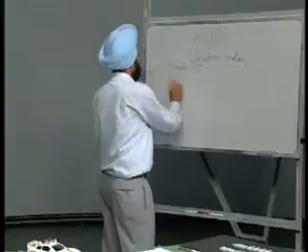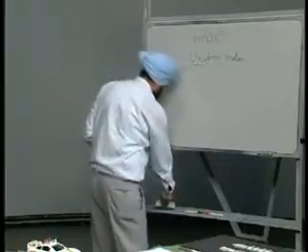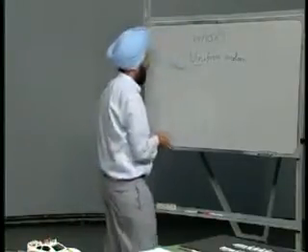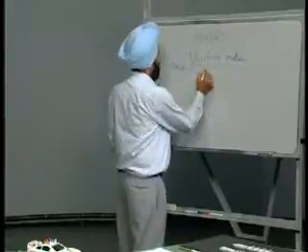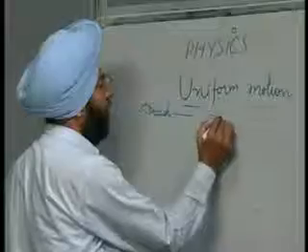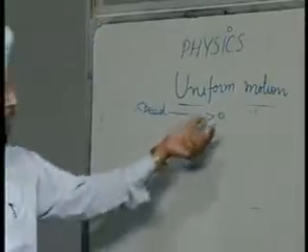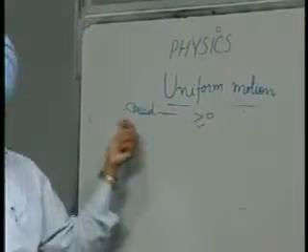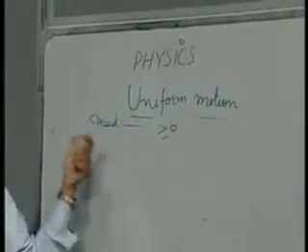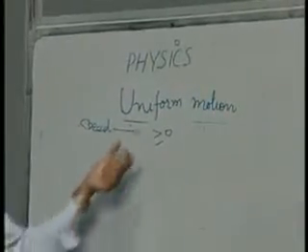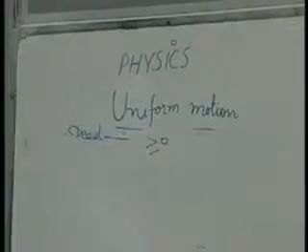Speed of a body is positive or 0. When the body is at rest, speed is 0. Otherwise, once the body has started moving, speed is positive.